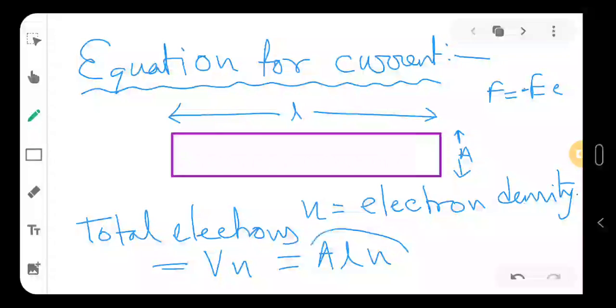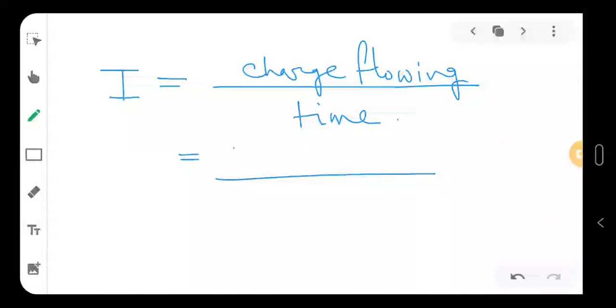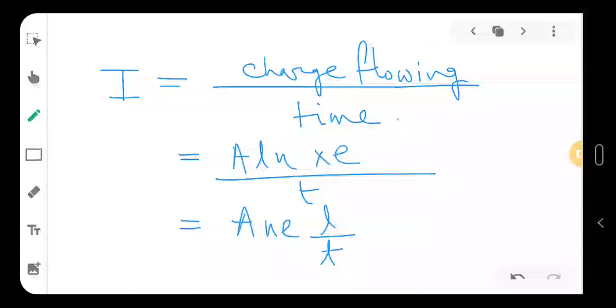So this many electrons will have this into E amount of charge. So I can say A L N into E by T, and from that I can write this as A N E L by T.